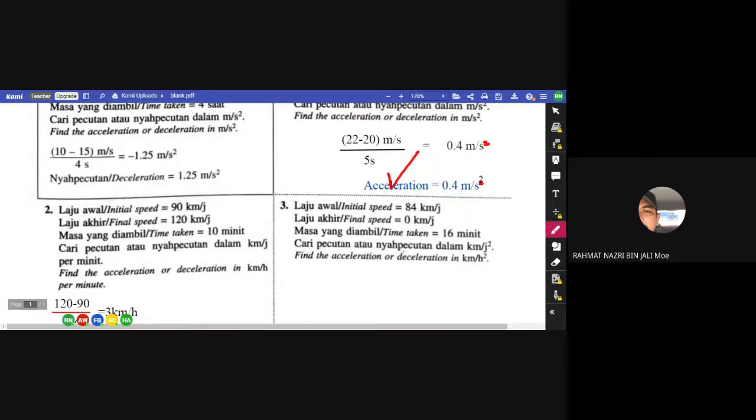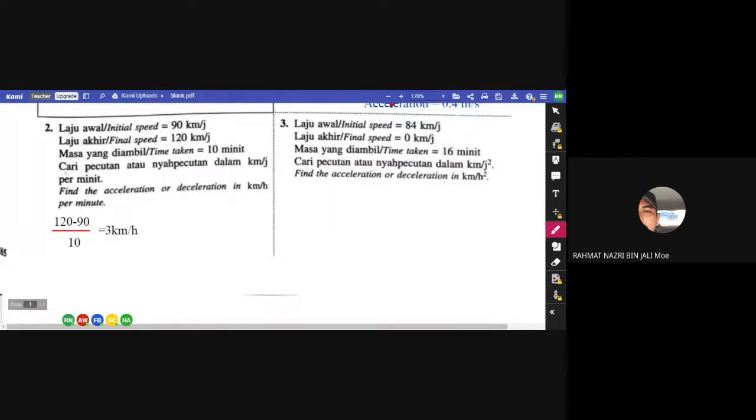Okay, number 2. Number 2, your friend has done final 120 minus initial 90. And then this is in hour, but the time taken is in minute. So we can directly divide it by 10. So you have to convert it first. Wait a minute.